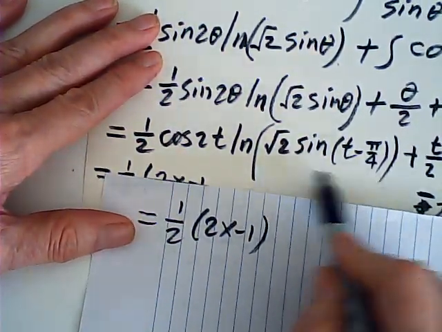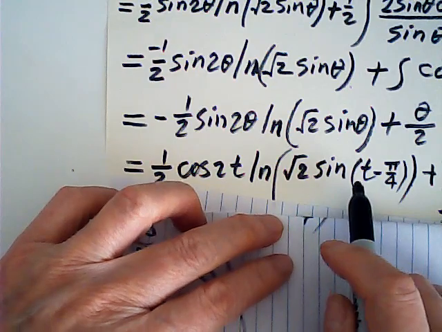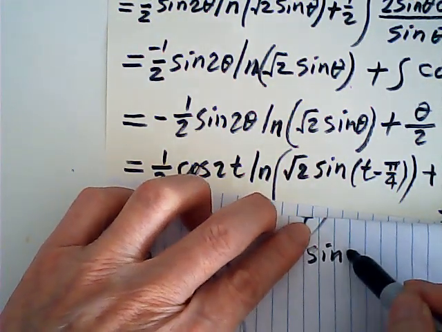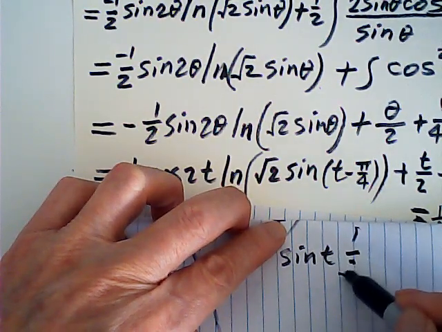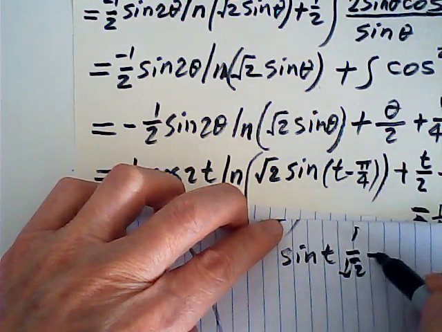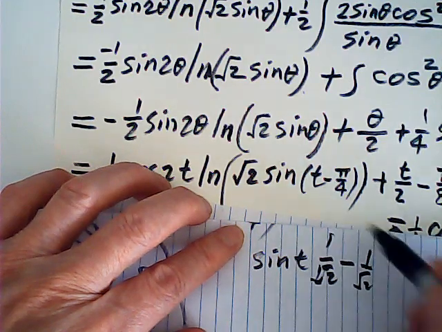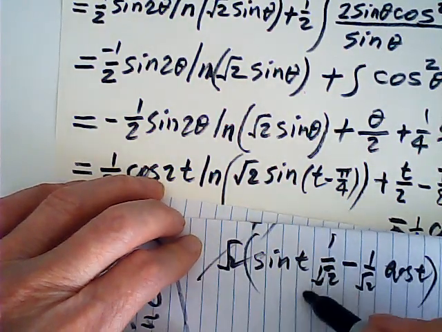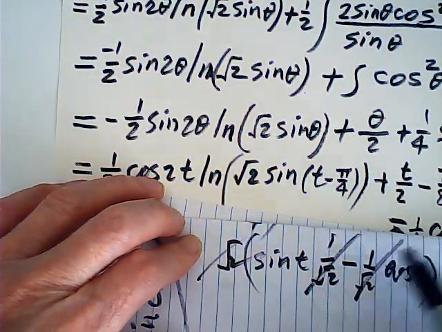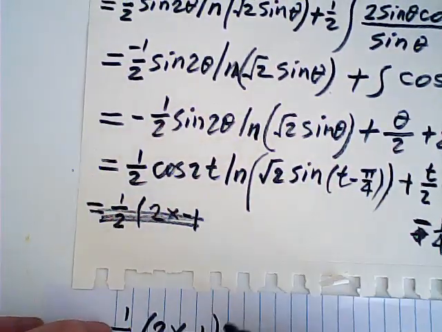Okay. Now this is sine of t times cosine quarter pi, which is 1 over root 2, right? Minus sine quarter pi, which is 1 over root 2, times cosine t. Then together times the root 2. So this cancels with this, and it becomes sine t minus cosine t.